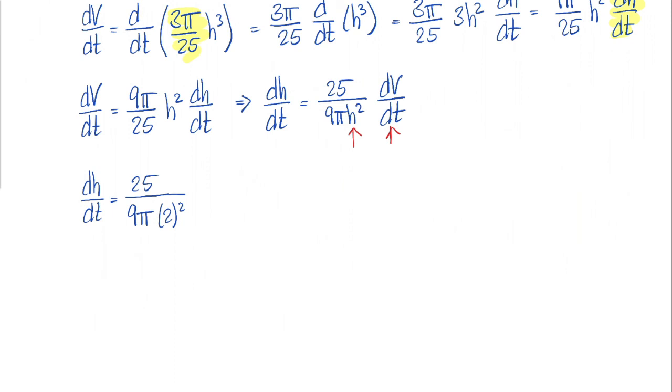And then the rate, dV/dt, was 1.6, like so.